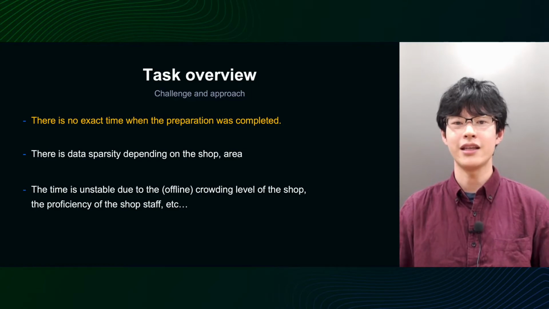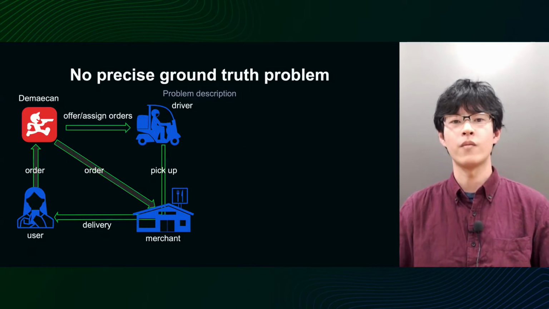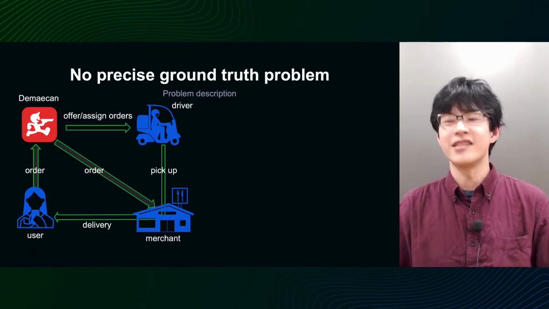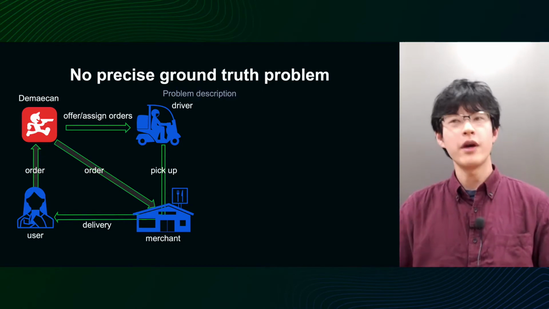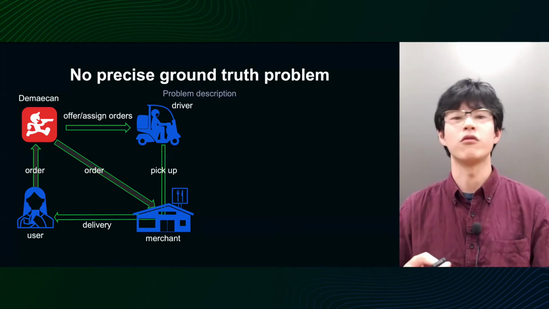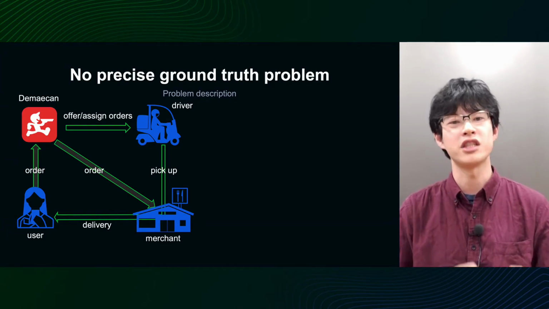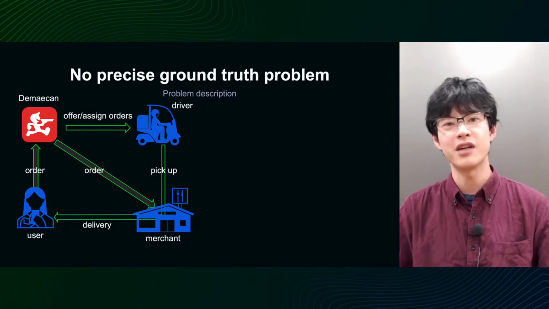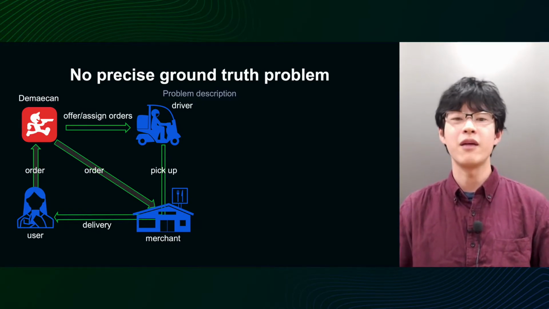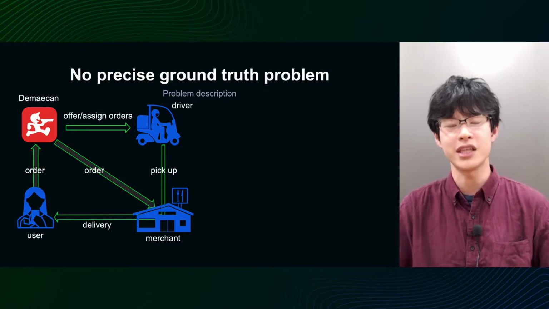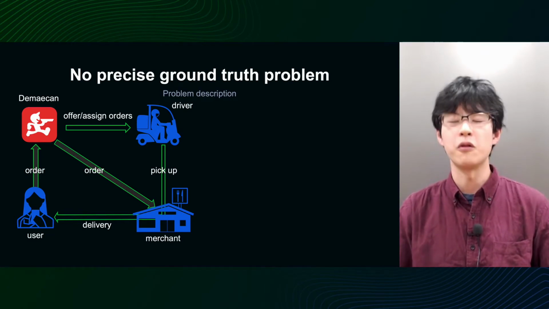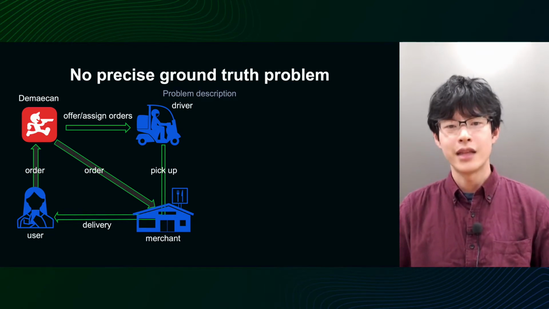Let's start with the first challenge, the lack of accurate logs. And you might wonder why there are no accurate logs. In Demaecan, the driver's app and the merchant's app are used. For instance, for the delivery of a food order, the app is operated by the driver or merchant staff when the food order is accepted, and the timing of the operation is logged.